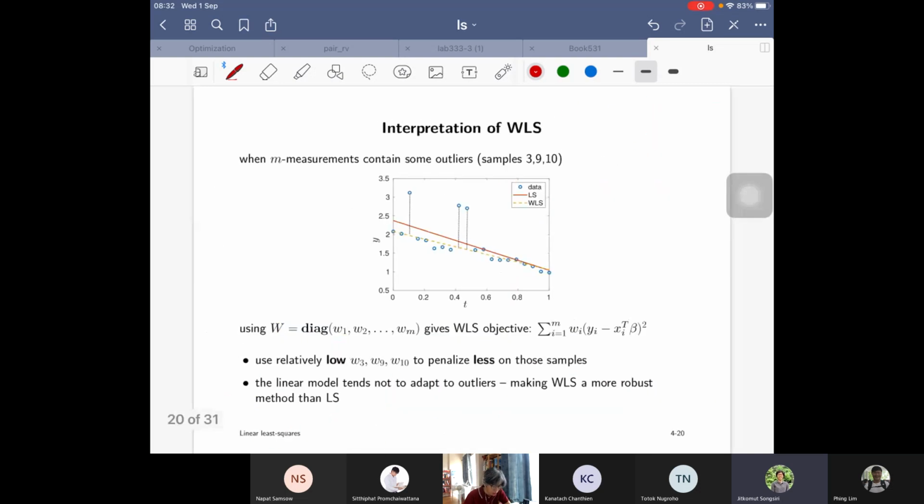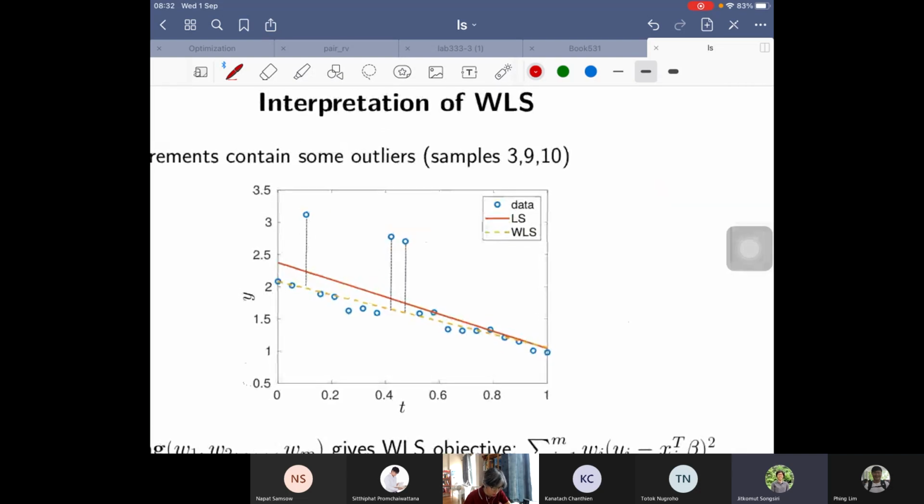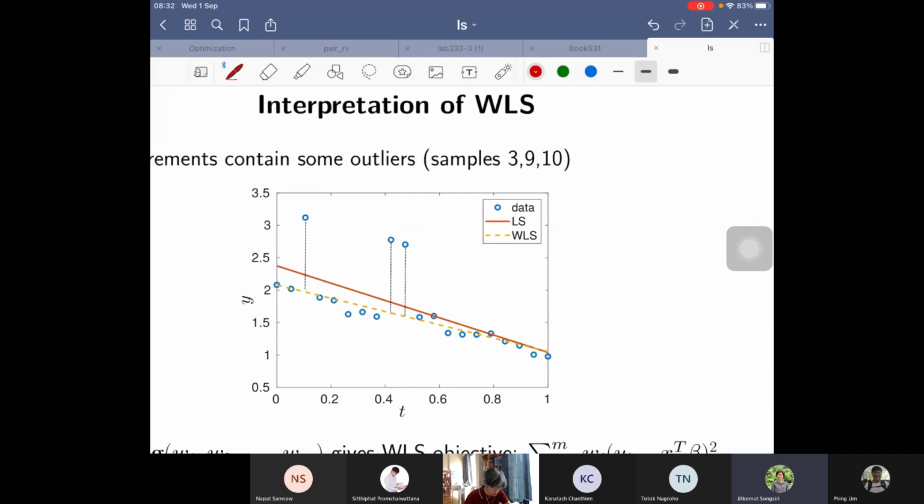Now let's take a look at how we can apply the weighted least squares formulation in practice. Suppose in our problem you want to fit the data points, the blue dots.